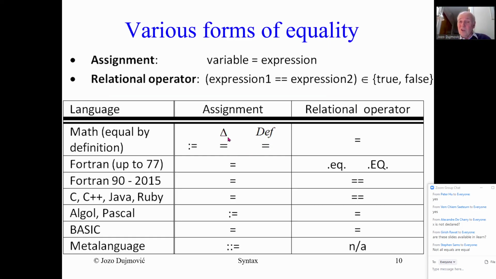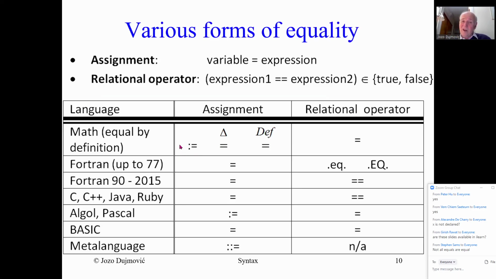Mathematicians also put this little delta on top of the equality sign because this is also used as equal by definition. However, by far the best of all of them is this colon equals because it is both simple and you have it on each and every keyboard for equal by definition. And another thing, it is not symmetrical like this here.